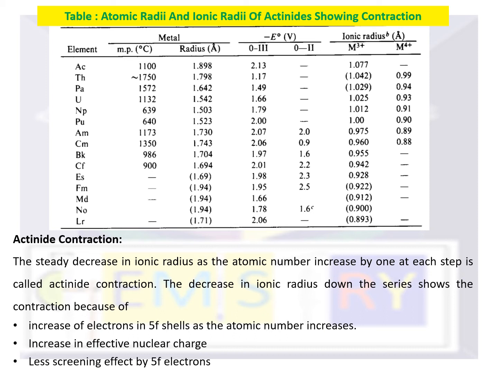The protons are also increasing at each stage as the electrons increase, so the nuclear charge is also increasing. Now it becomes very much effective because there is less screening effect by the 5f electrons. As the nuclear charge is very much effective over the 5f electrons because of the less screening effect, we are seeing this contraction. So this is called the actinide contraction.